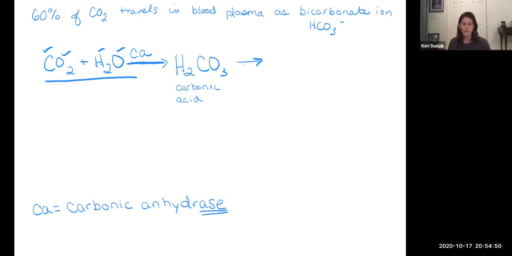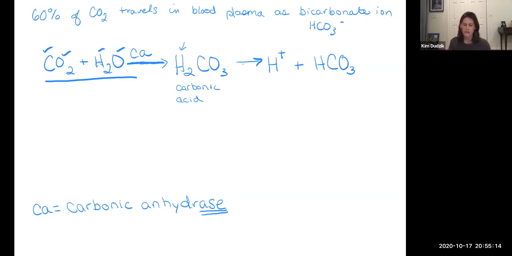So what do I mean by dissociate? One of these hydrogens breaks off, and it does. It comes off as H plus, and it leaves an electron behind. So what does that leave me with? That leaves me with 1 more hydrogen, the carbon, and the 3 oxygens.